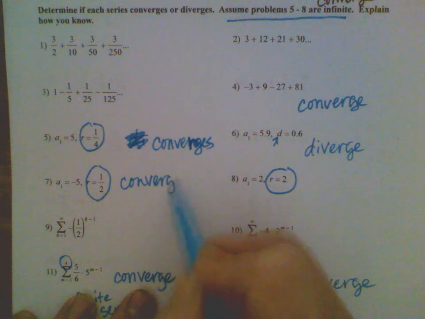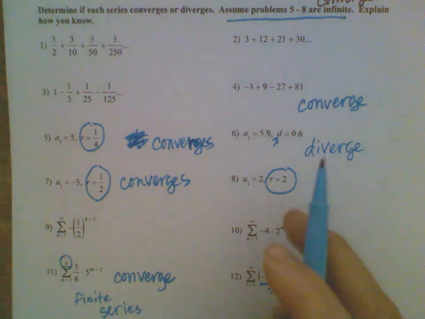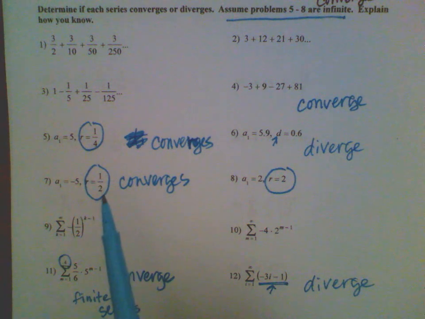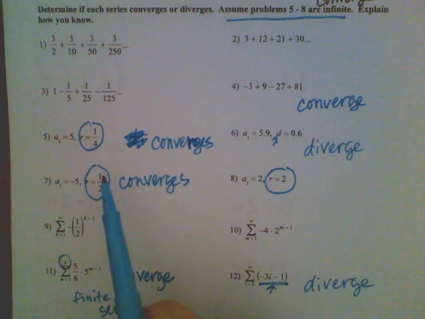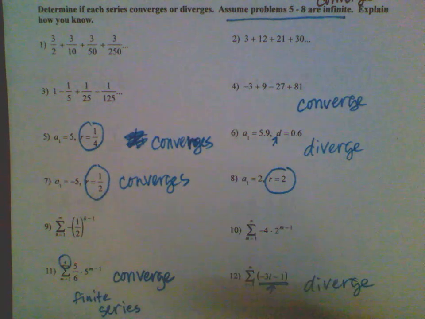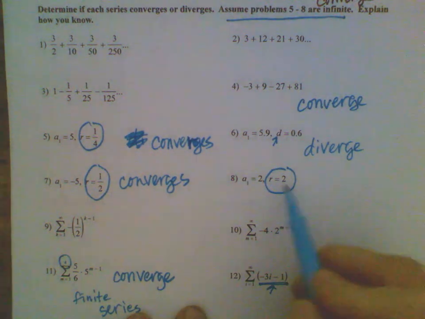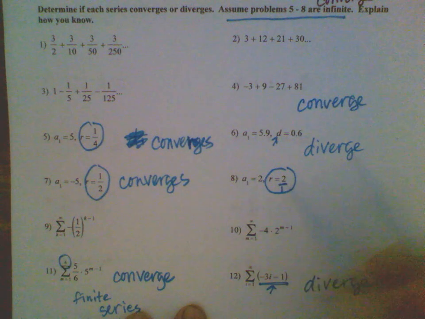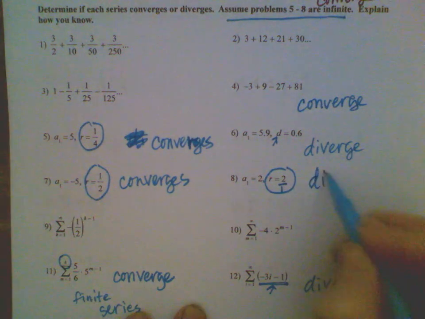I hope that makes sense when I'm talking about the absolute value of r being less than 1. These are both positive, so it doesn't really matter, but they're fractions where the numerator is smaller than the denominator. If I look at problem number 8, this is 2 over 1, and absolute r is greater than or equal to 1 here. 2 is greater than 1, and therefore this diverges.